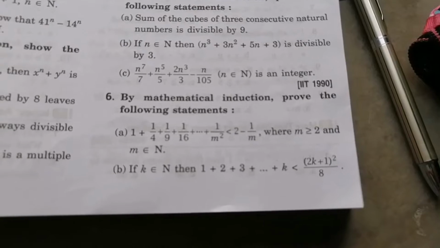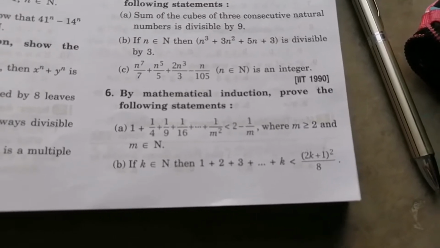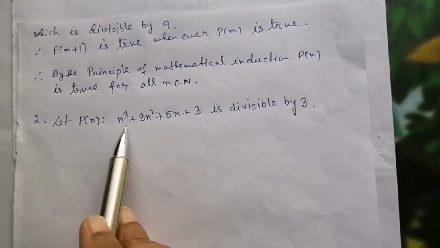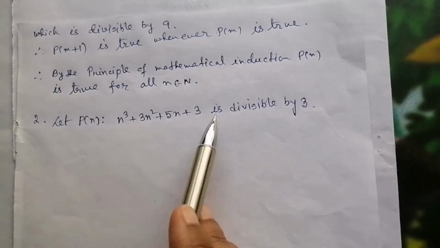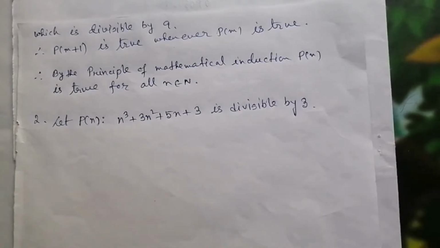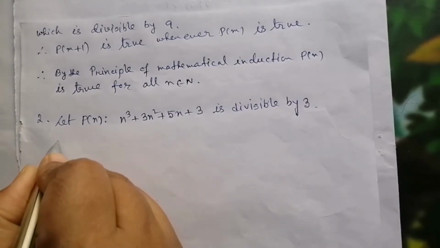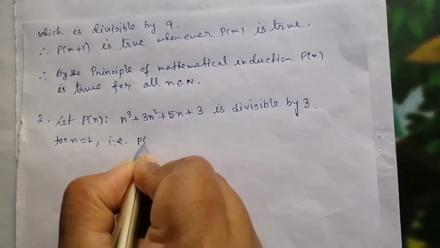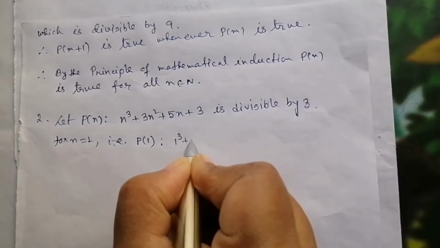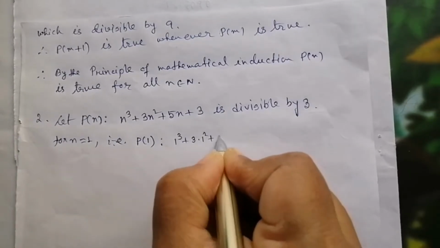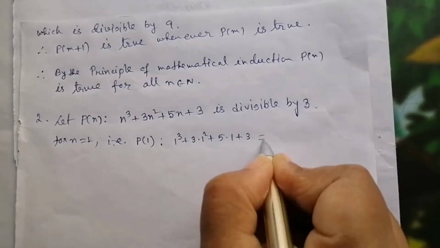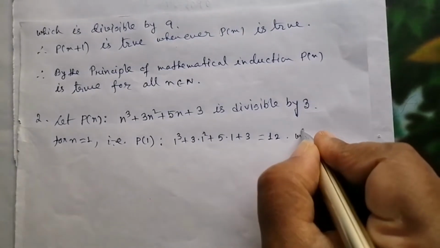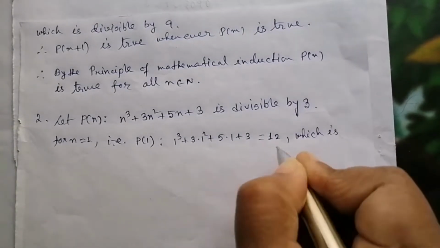Next, if small n belongs to capital N, then n cube plus 3n square plus 5n plus 3 is divisible by 3. Let P(n) be the statement n cube plus 3n square plus 5n plus 3 which is divisible by 3. Now, for n equal to 1, that is P(1), 1 cube plus 3 into 1 square plus 5 into 1 plus 3 equal to 12, which is divisible by 3.